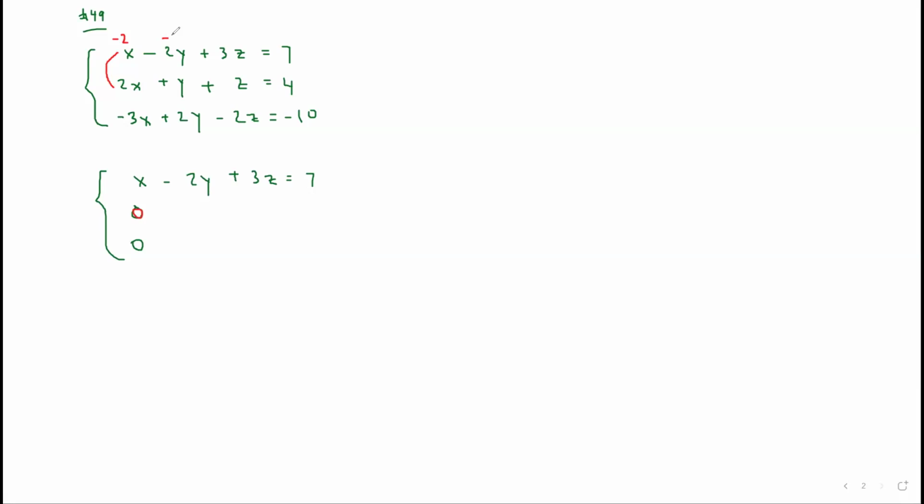And of course, I need to now multiply by negative 2 the whole equation number 1, and then add these two corresponding terms down below. So we're going to have y and 4y, right? Minus 2 times minus 2 is positive 4. So I add it with another y, so this be 5 y's.